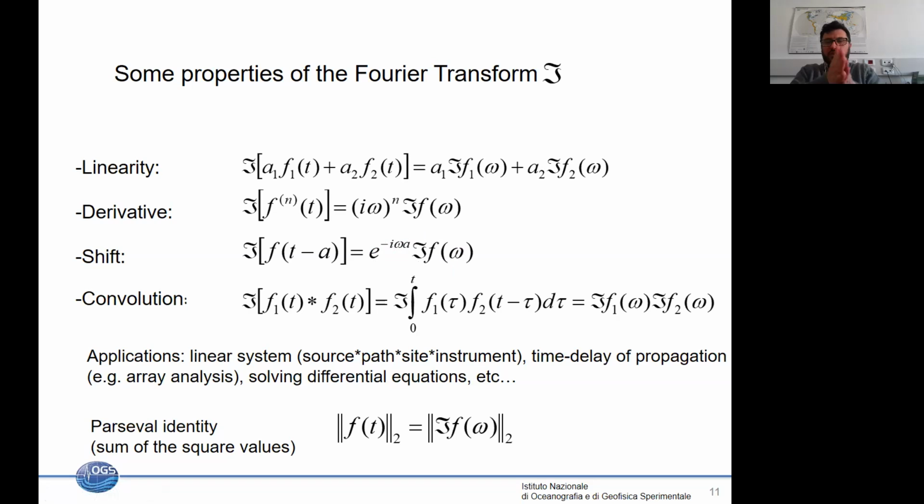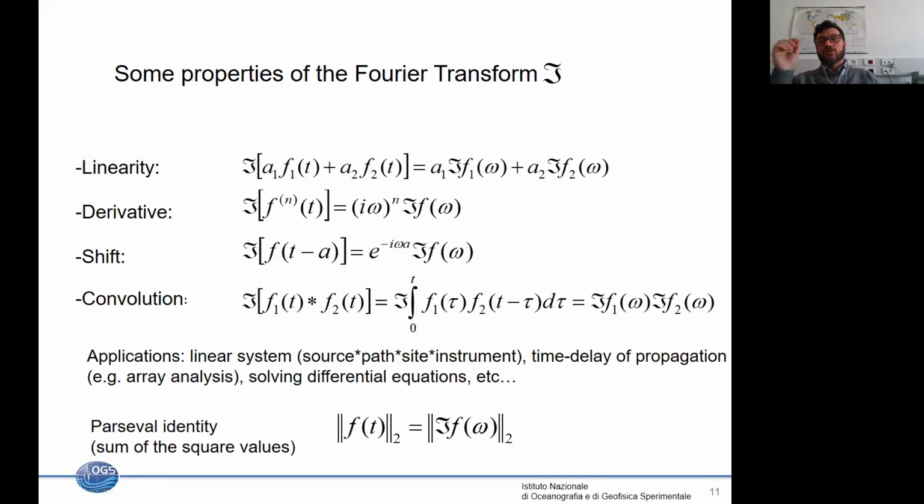So each frequency will be shifted by an amount theta that depends on the frequency itself and on the amount of time. Shifting, moving a signal in time, corresponds to a phase difference in the Fourier transform, and the amount depends on the time and on the frequency. And I can calculate the phase difference.